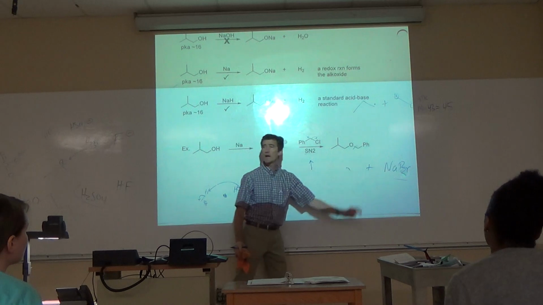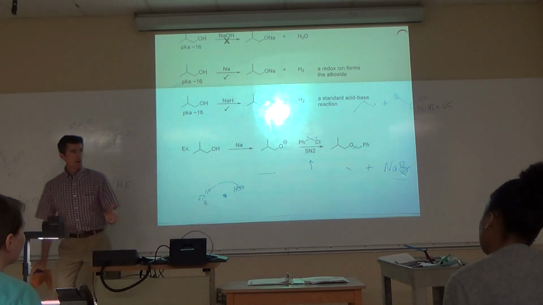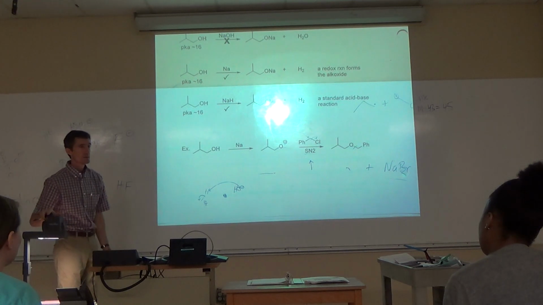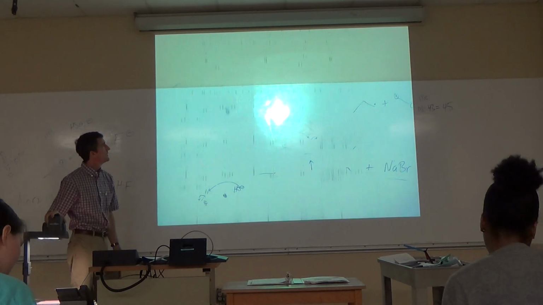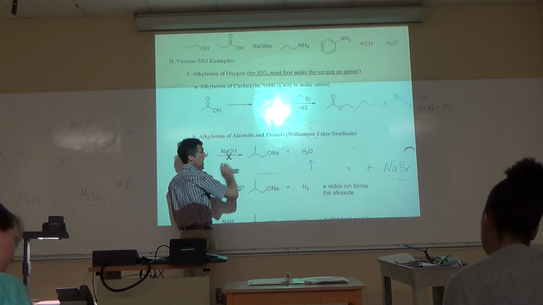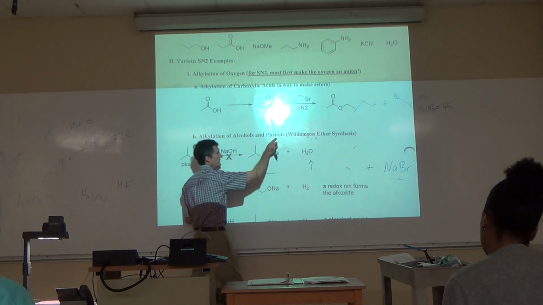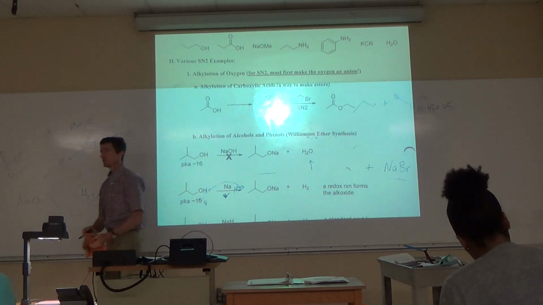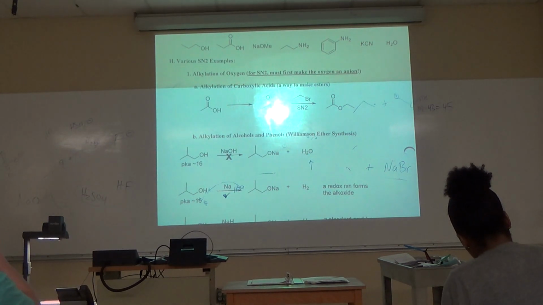Now it has two alkyl groups. What do you call the product? We started with an alcohol. The product is an ether. And when you alkylate alcohols or phenols, we'll see that in a minute, it's called a Williamson ether synthesis. This is a common way to make ethers.